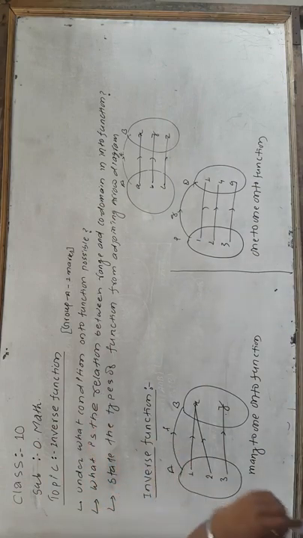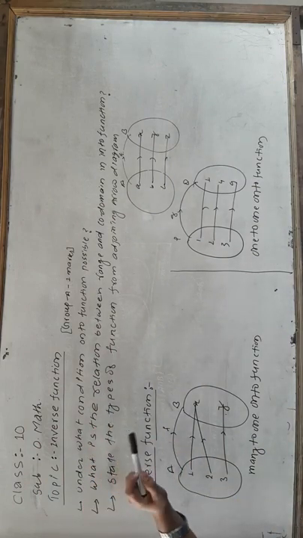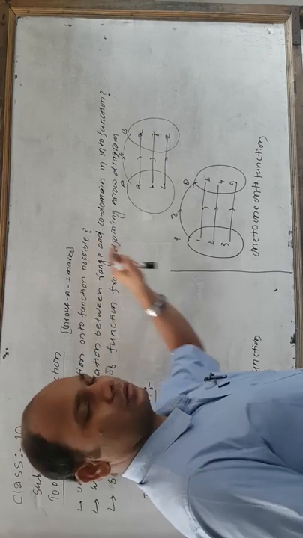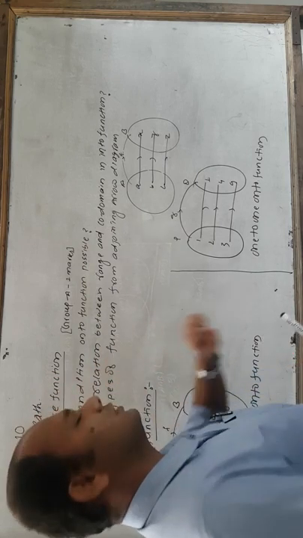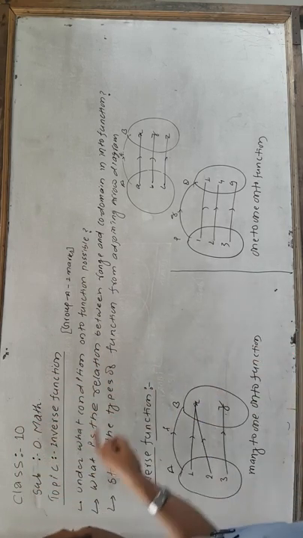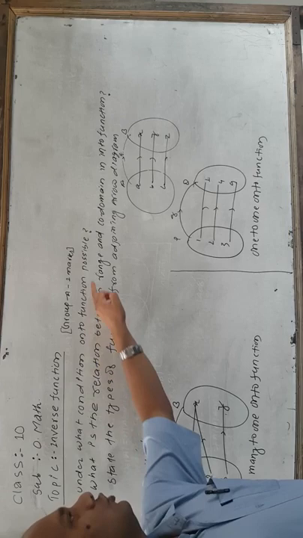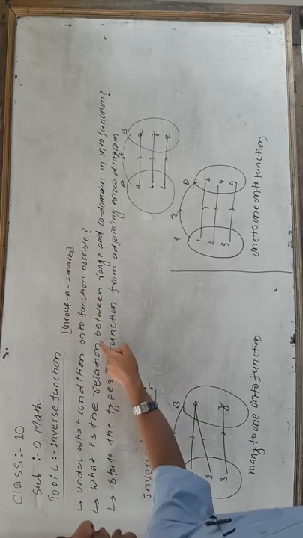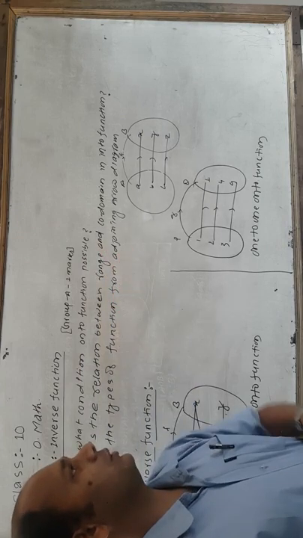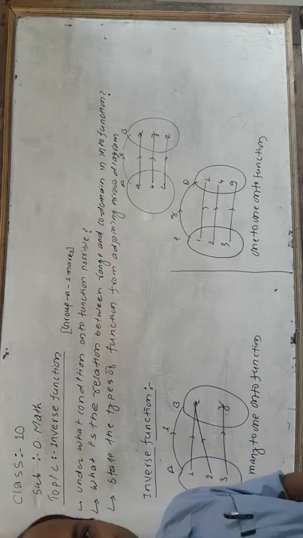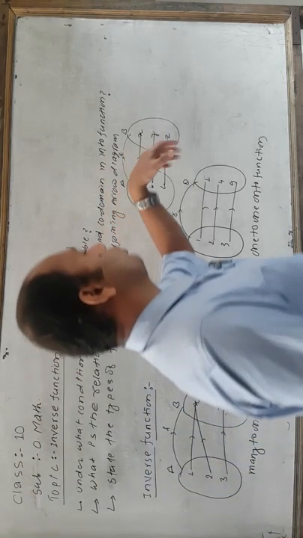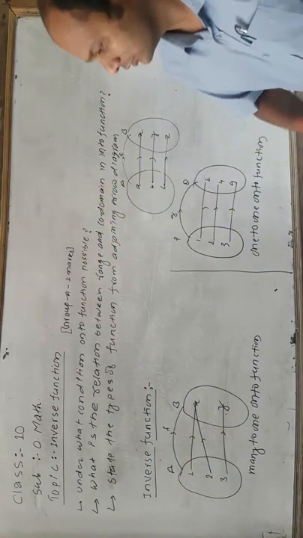Here is also written the question. Under what condition is an onto function possible? You write the answer in short. What is the relation between range and codomain in an into function?